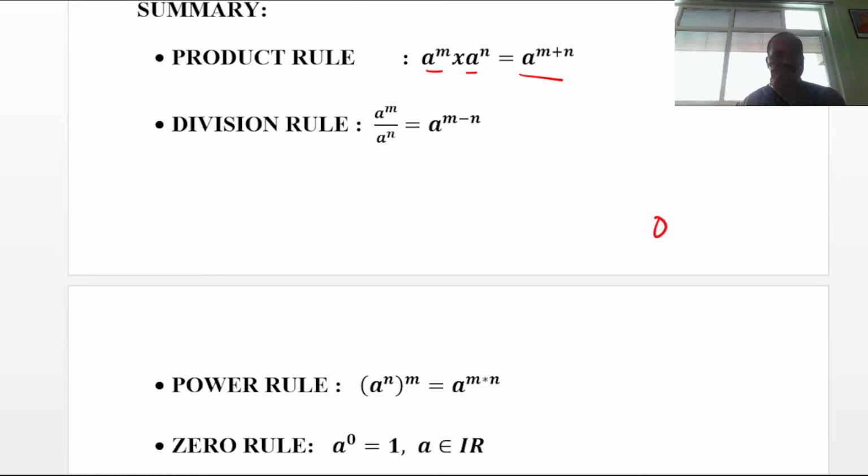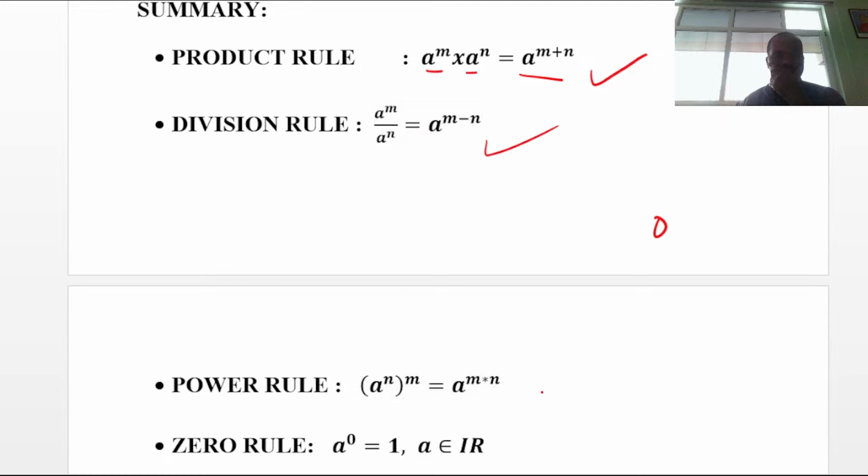So having a power m times a power n, the answer is a power m plus n. You go to the division rule, dividing exponents with the same base but different exponents. You simply subtract the exponent of the divisor from the exponent of the dividend, and there you are.